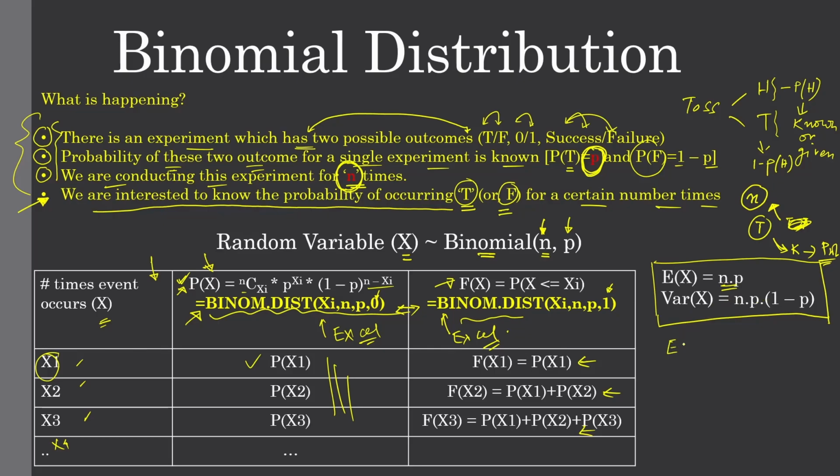And so what is the understanding related to expected value? It is the most likely value. So for example, if you toss n times, what is the most likely value or most likely number of heads?